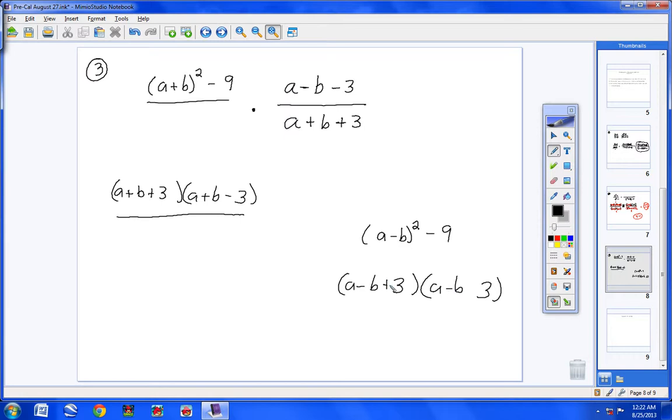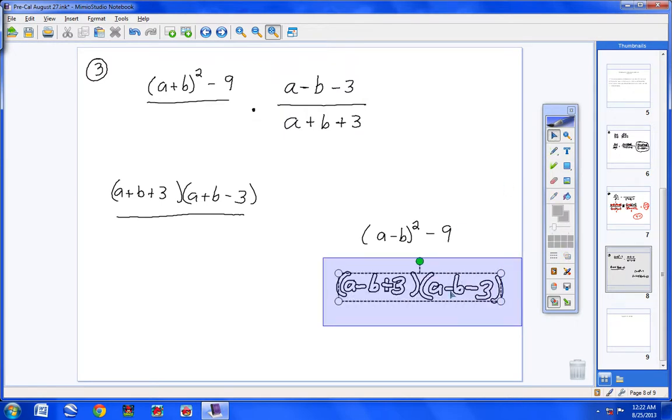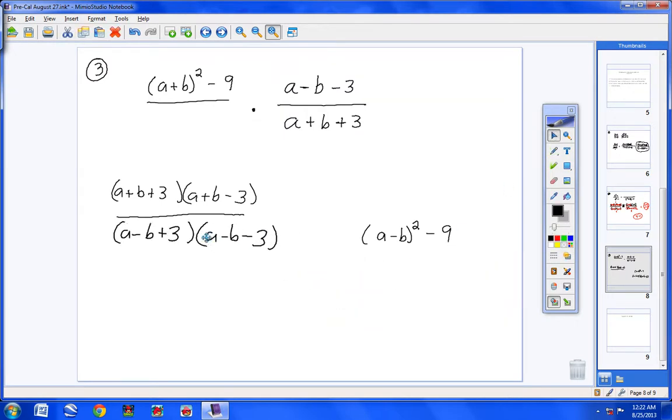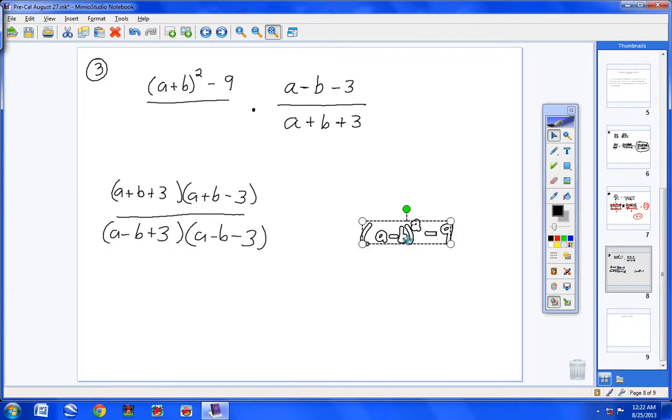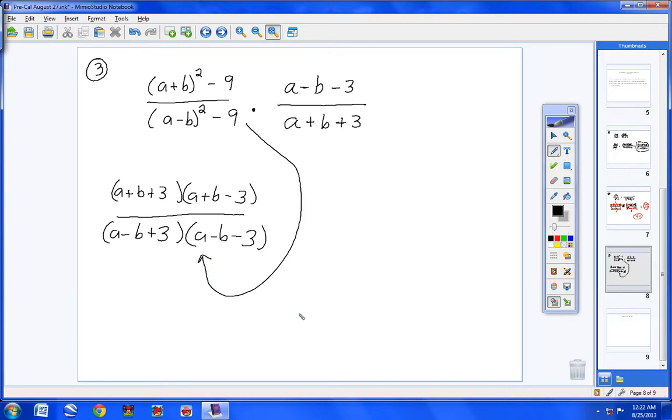Then don't forget to make one positive and make one negative. So there we go, we did it. We factored this right here that I'm moving. We factored this denominator down to this denominator here. I think that's really cool factoring.